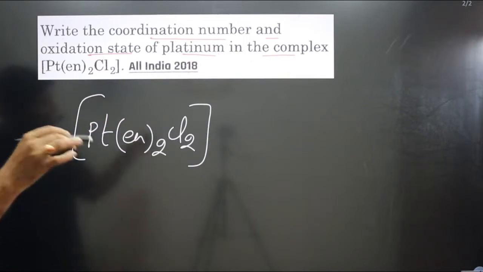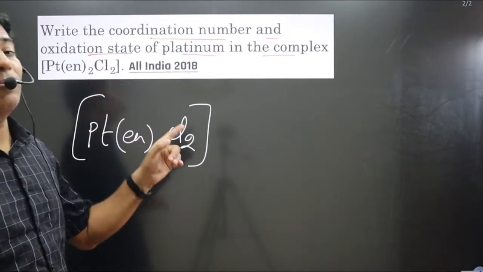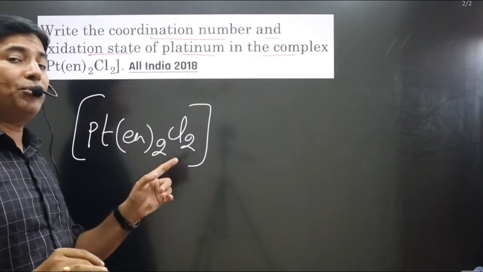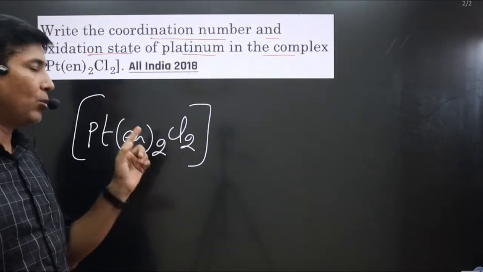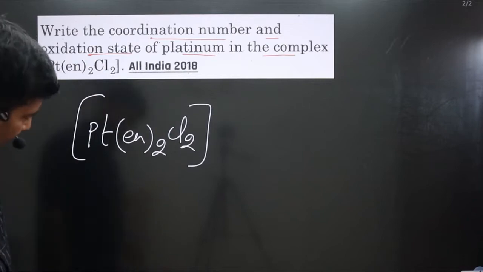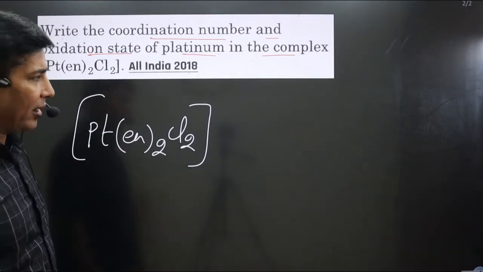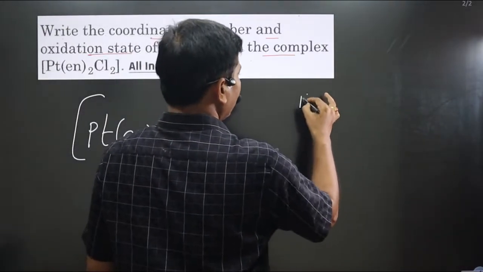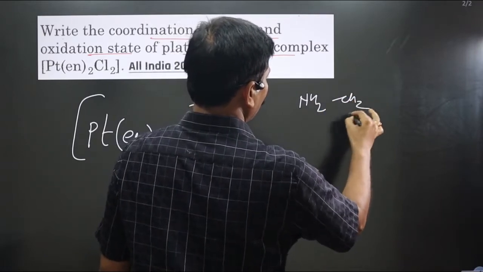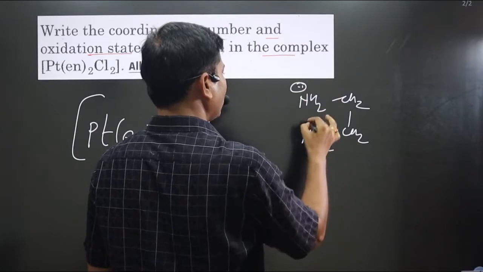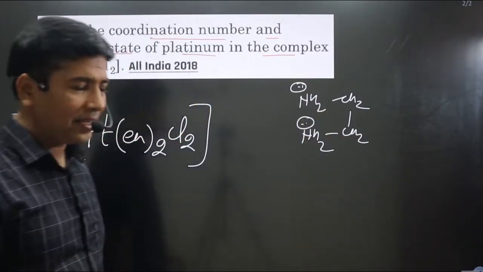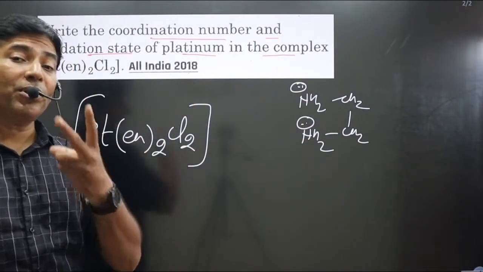Before calculating coordination number, always identify whether we have unidentate ligands or polydentate ligands, because in that case the coordination number will change. Okay, ethylene diamine, the chemical formula is NH2-CH2-CH2-NH2. Each nitrogen has one lone pair. So how many total lone pairs? 2 are there.